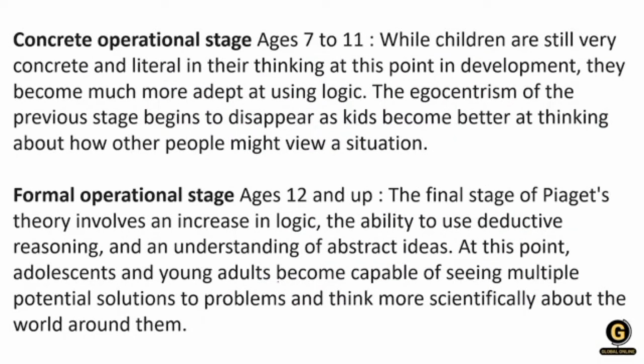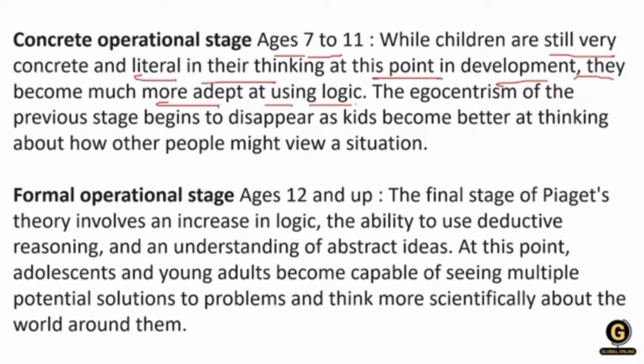Next, the concrete operational stage, which starts from age 7 to 11. While children are still very concrete and literal in their thinking at this point in development, they become much more adept at using logic. In this stage, according to Piaget, the learner will start thinking and using logic in particular things.